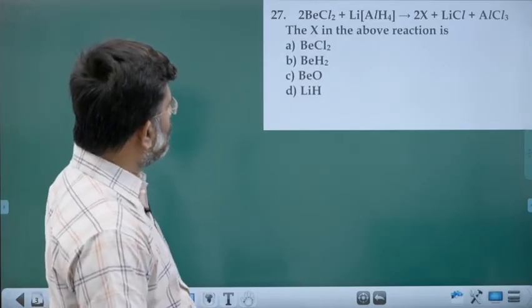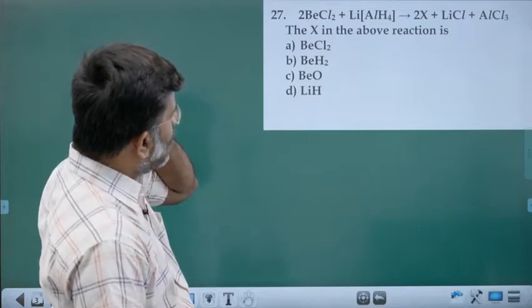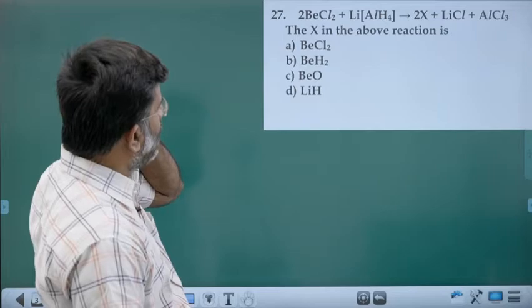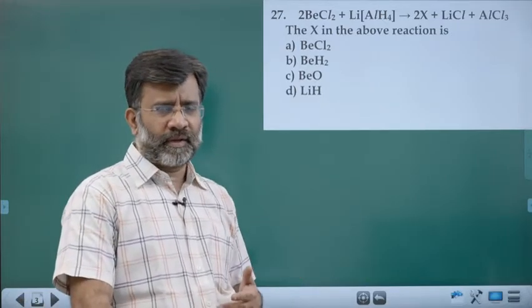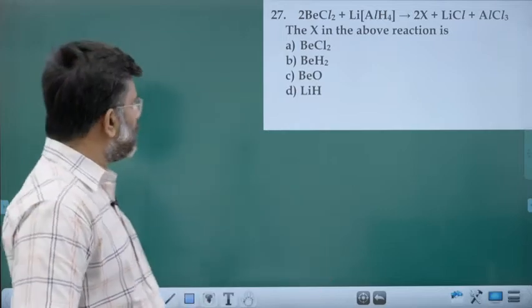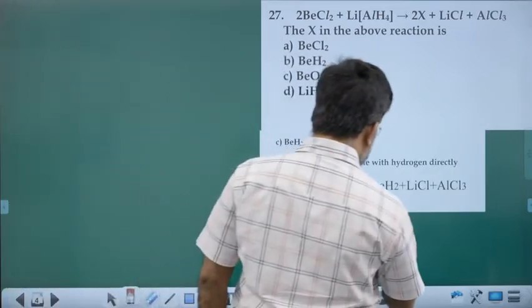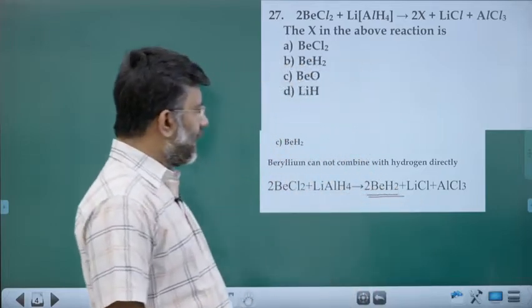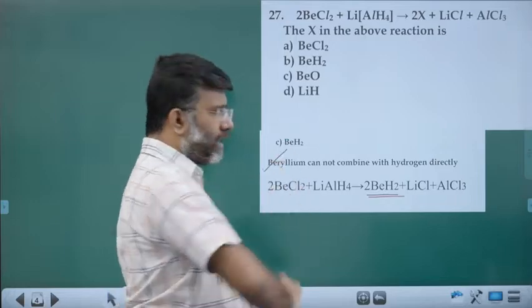Beryllium chloride with lithium aluminum hydride, you are getting X plus lithium chloride plus AlCl3, a reaction which you find in the textbook for the preparation of beryllium hydride. You see, beryllium does not combine directly with hydrogen. A sentence from the NCERT itself.